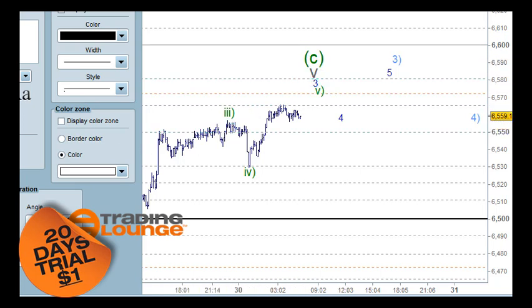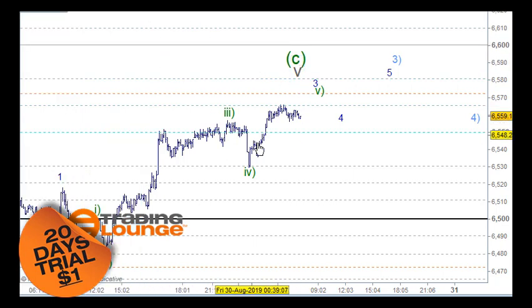I'll just move that to one side because it looks like it's part of that count. So when we get that next high here, that can be the top of the market. We can move down from that point.